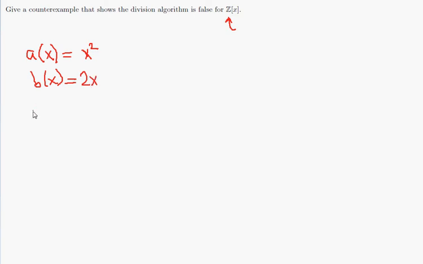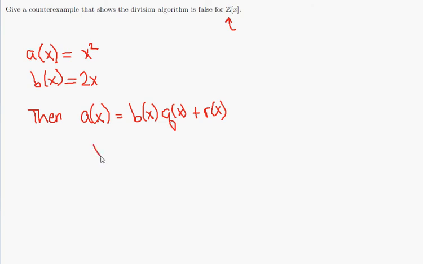Okay, so the idea of the division algorithm is to see if we can find unique polynomials q(x) and r(x) so that a(x) is equal to b(x) q(x) plus r(x), and r is either the zero polynomial or else the degree of r is less than the degree of b. In other words, the degree of r must be equal to 0 because the degree of b is equal to 1.